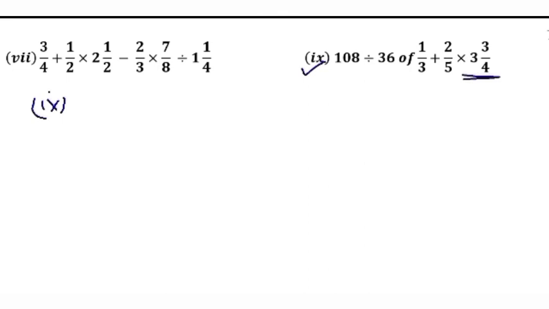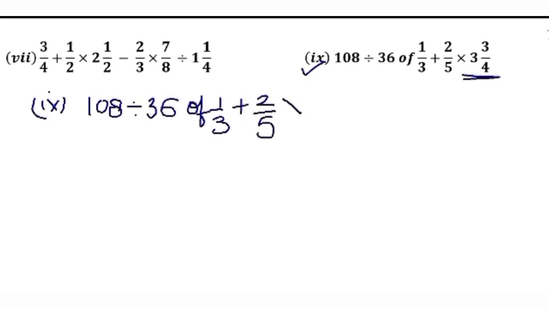Firstly, change this mixed fraction into the improper fraction. 108 divided by 36 of 1 upon 3 plus 2 upon 5 multiply 4 3s are 12 plus 3, 15 upon 4. According to BODMAS, firstly we will solve this part because there is 'of'. 3 1s are 3, 3 1s are 3, 3 2s are 6.